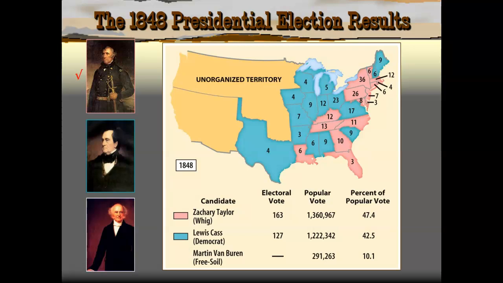Even in 1850, because the nation's capital was in slave territory, Virginia and Maryland still allowed slaves, there were slave markets in the nation's capital. And so there was a movement underway to ban the slave trade in Washington, D.C.